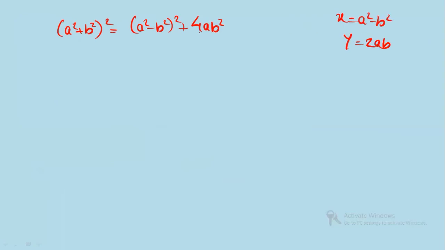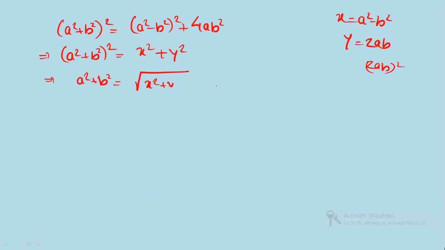So we will use these in this identity, and you will get (a square plus b square) whole square equal to x whole square plus 4a square b square, which means (2ab) whole square, that is y square. So from here you get a square plus b square equal to root over x square plus y square.